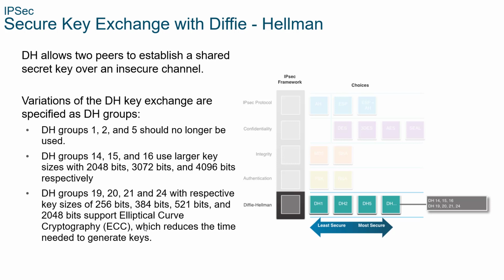So groups 1, 2, and 5 we don't use. DH groups 14, 15, and 16 use larger keys, right? 2048, 3072, and 4096 respectively. The Diffie-Hellman groups 19, 20, 21, and 24 have key sizes of 256 bits, 384 bits, 521 bits, excuse me, and 2048 bits, and support elliptical curve cryptography.